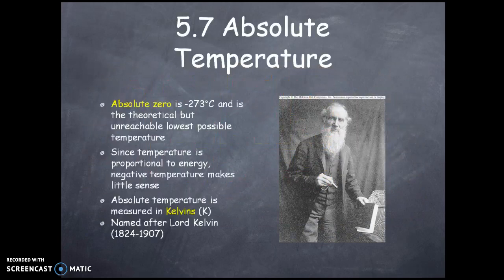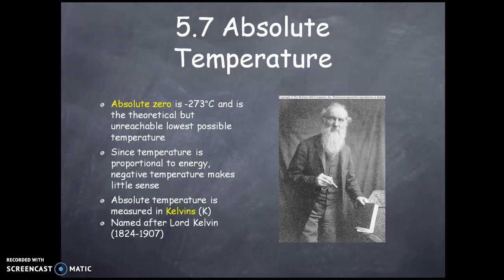Absolute zero is negative 273 degrees Celsius. And when we say absolute zero, I'm sorry, absolute zero is not 0 degrees Celsius or 0 degrees Fahrenheit. It is 0 degrees Kelvin.